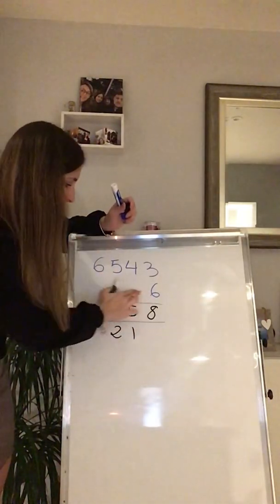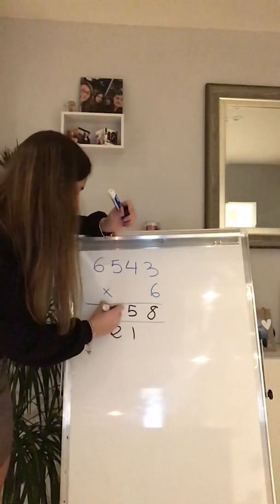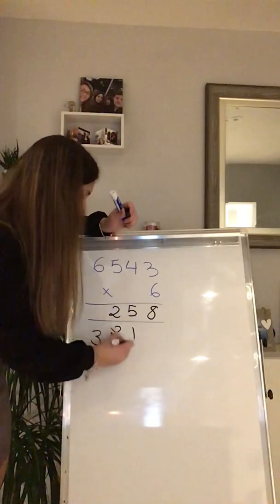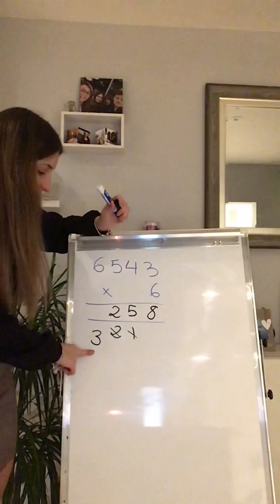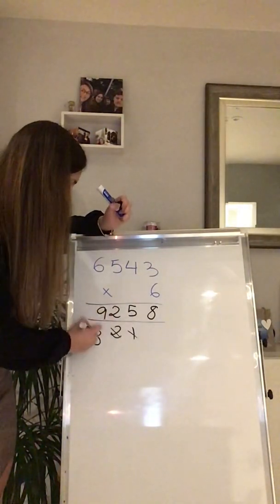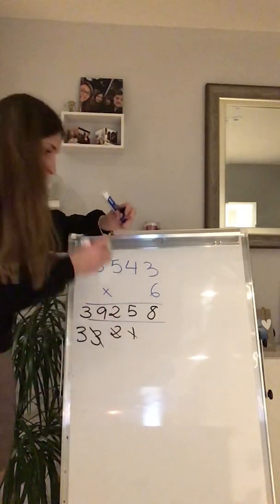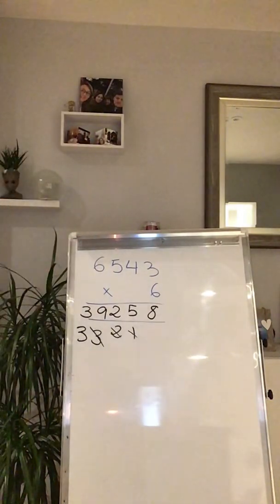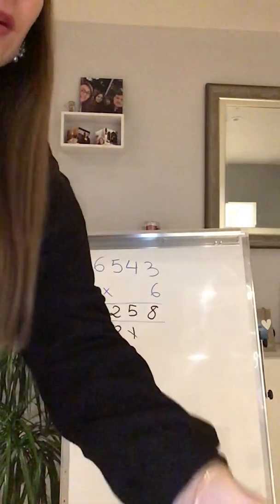Carrying 2. 6 times 5 is 32. Well done, because I'm carrying them 2's in there. 6 times 6 is 36, but 39. So your answer should be 39,258.